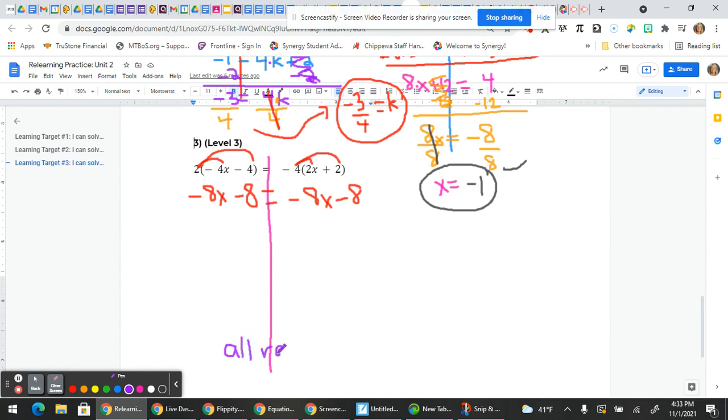So all reals, or what we talked about, that means there are infinite solutions that will work for this one. So it's not just 0, it's not just no solution, it is infinite solutions that work.